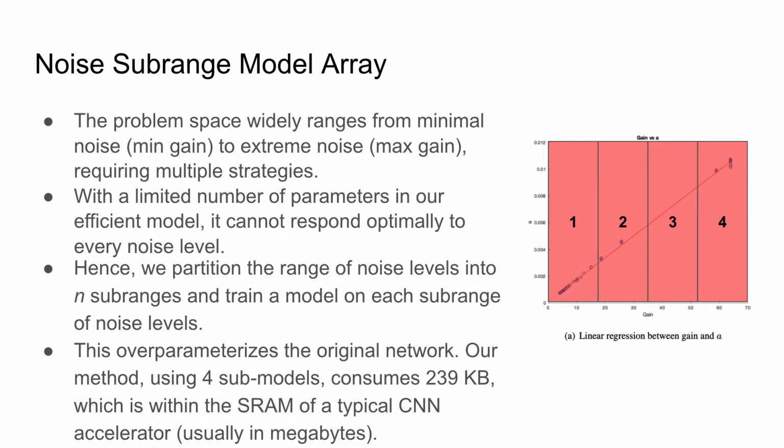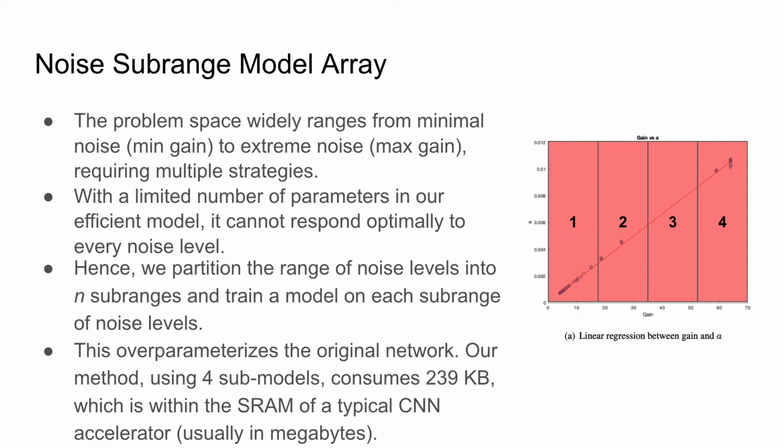So we come up with a method of over-parameterizing our network, in which we partition the range of noise levels into n subranges. This over-parameterizes the original network, since there are now four sub-networks trained individually for each subrange of the problem space.